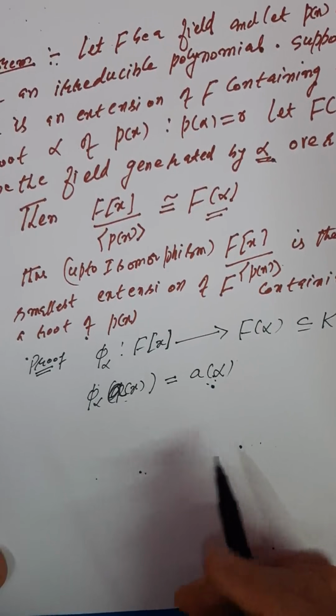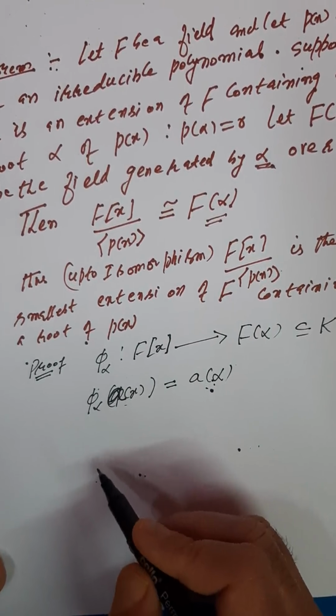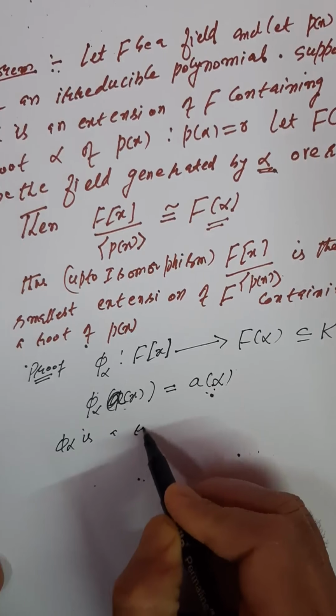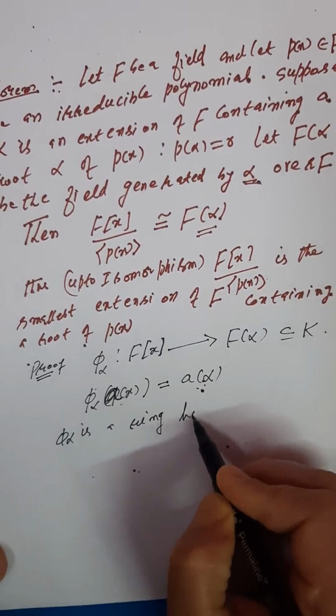Now phi alpha is easily seen to be a ring homomorphism.